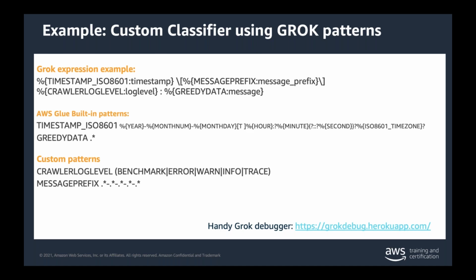When a Grok pattern matches your data, Glue uses these patterns to determine the structure of your data and map it to the fields, as I previously mentioned. Glue also provides many built-in patterns, or you can define your own. So you can create a Grok pattern using built-in patterns and custom patterns in your custom classifier definitions the way you want it. You can play around and build your own.